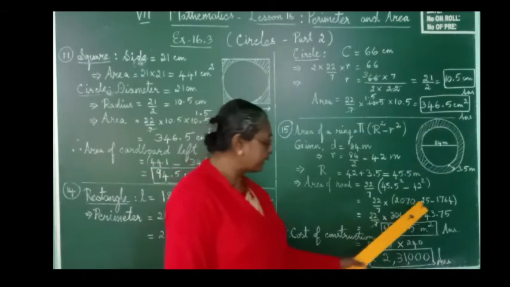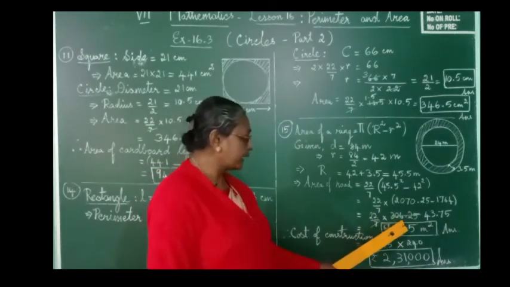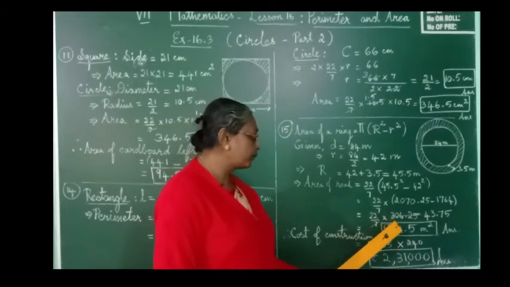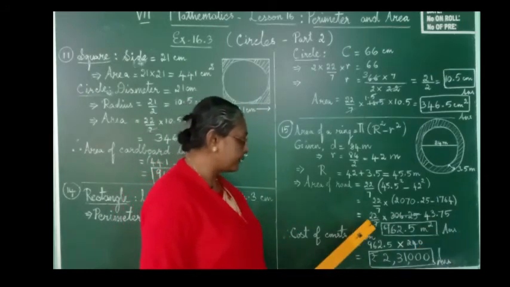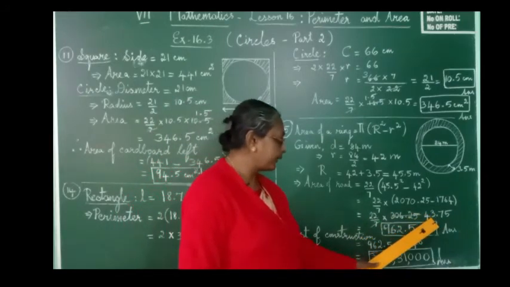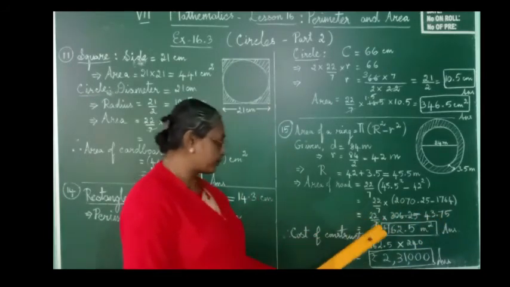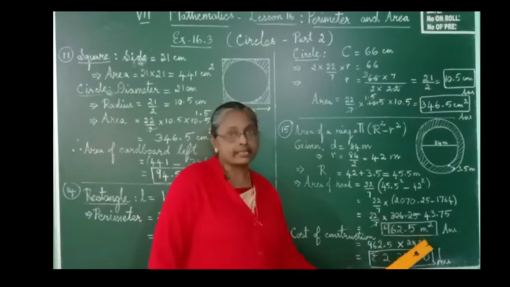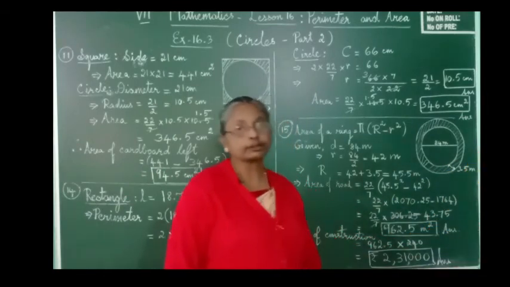So, when we multiply, we are getting that, and when we subtract, we get 306.25. So, 22 by 7 multiplied with 306.25, we can cancel with 7 here, we get 43.75 when we cancel, and when this is multiplied with 22, we get 962.5 meters square. So, that is the area of the road which we are asked to find.